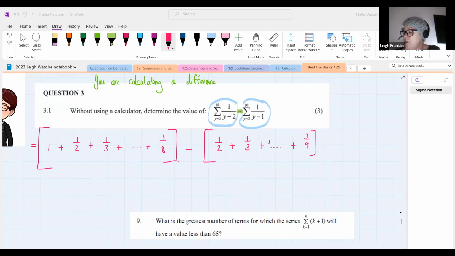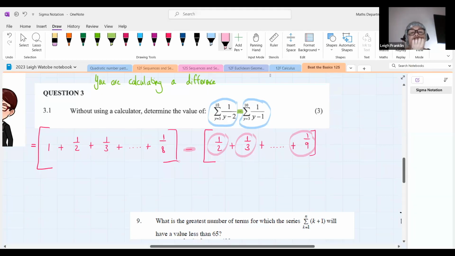So this half over here and this third and this ninth, what's going to happen to those? They're going to end up changed because of this minus here. What is the minus going to do to each of these? They're going to be negatives, exactly.